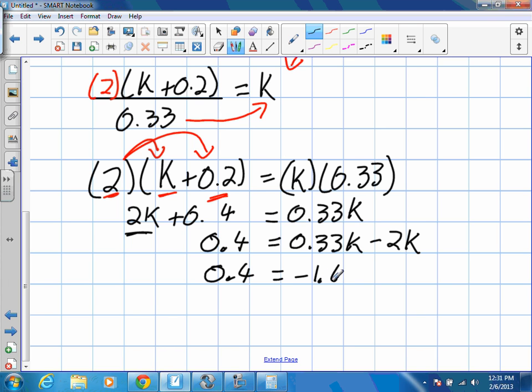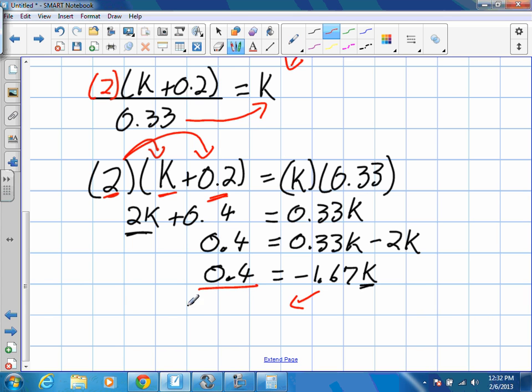Okay. Yeah, okay. So it's negative 1.67. And then finally, I got to get the k by itself. So what do I got to do with that negative 1.67 to move it? It's got to become divided by negative 1.67.